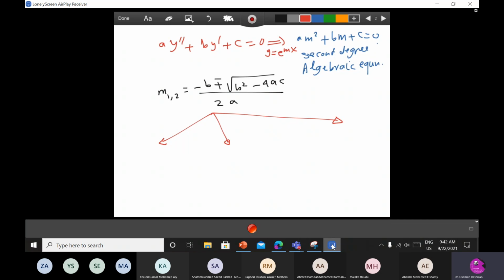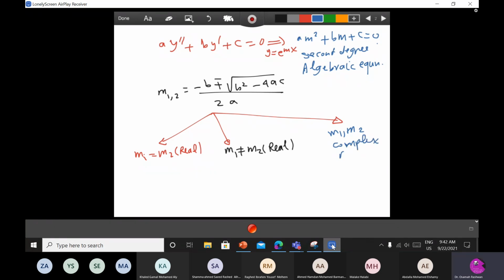The first case, m1 equal to m2, and they are real. And also you have m1 not equal to m2, and they are real. Okay, the last one, m1 and m2 are complex roots.